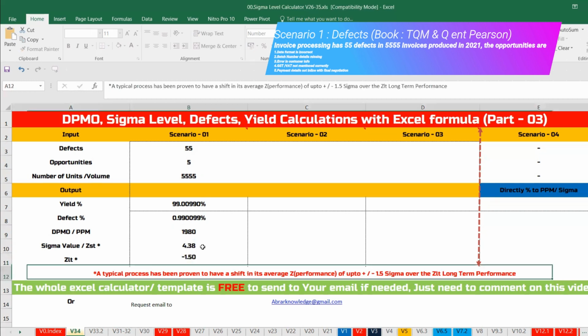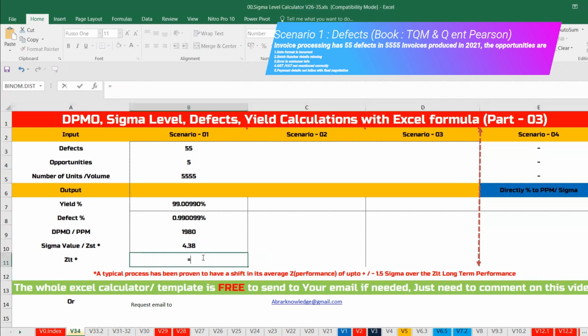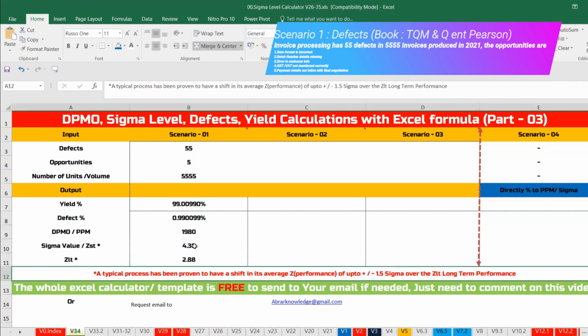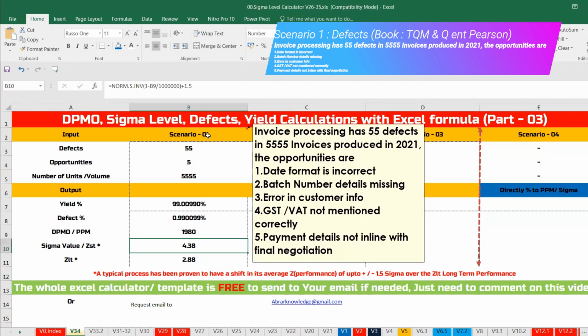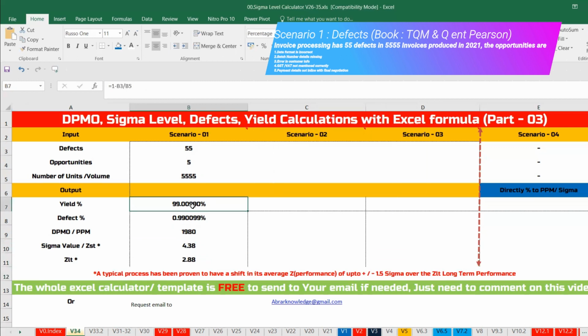So this is the value we have got, minus 1.5. That means for this process the yield percentage is 99, and the sigma value is 4.38. You can remember this is the sigma symbol. So 4.38 means there is still a long way to go.